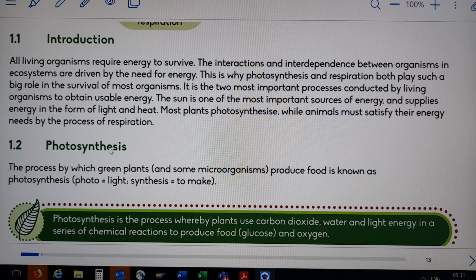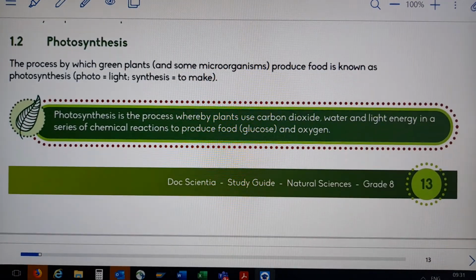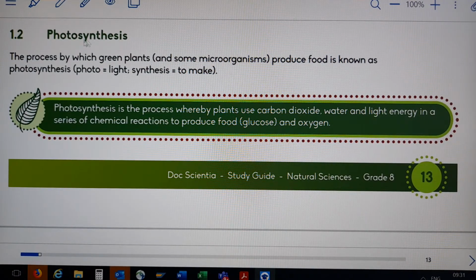Now let's start with photosynthesis. I hope you can still remember this from the previous grades. What is photosynthesis? Photosynthesis is the process by which green plants and some microorganisms produce food. Okay, let's define photosynthesis again.